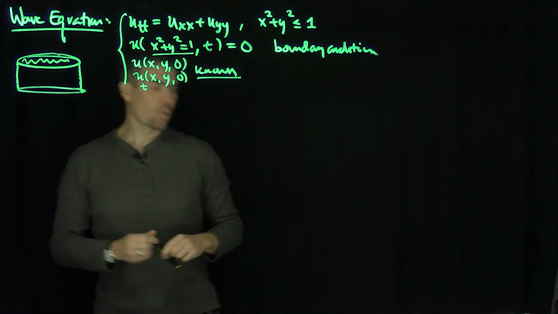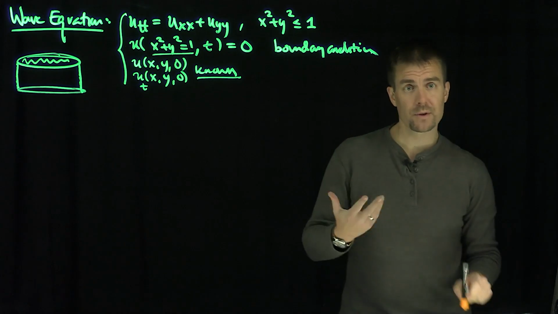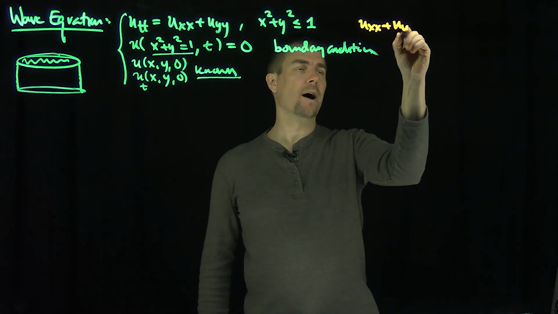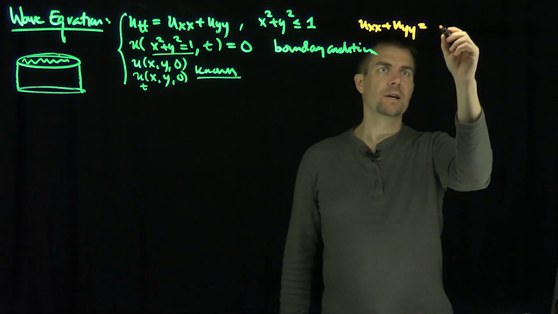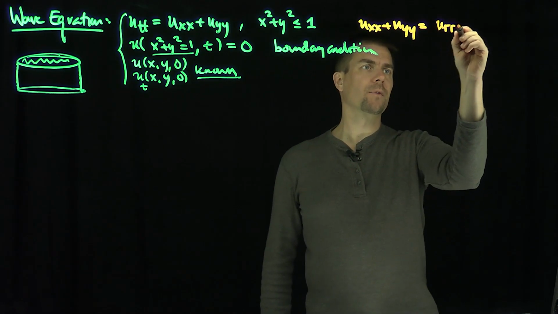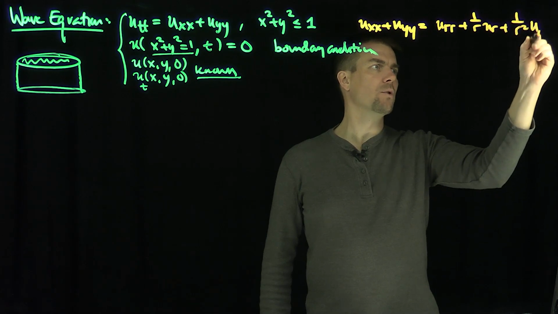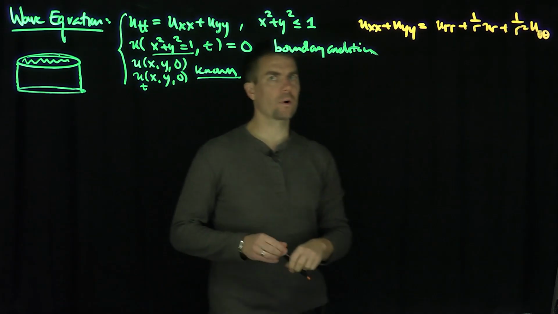Great. The key idea is we're going to put this into polar coordinates. Let's recall that u_xx plus u_yy, as we've proven in previous videos, is u_rr plus 1 over r u_r plus 1 over r squared u_theta theta in polar coordinates.